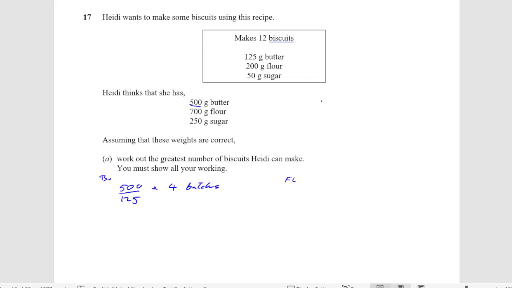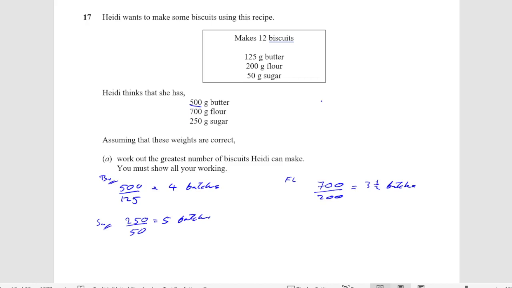So flour, she's got 700 grams and she needs 200 grams for each version of the recipe. So she's got enough for 3.5 batches of flour. And then for sugar, she's got 250 grams and she needs 50. So she's got enough for 5 batches using the sugar.